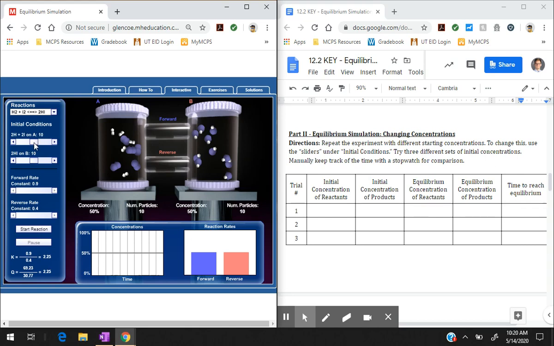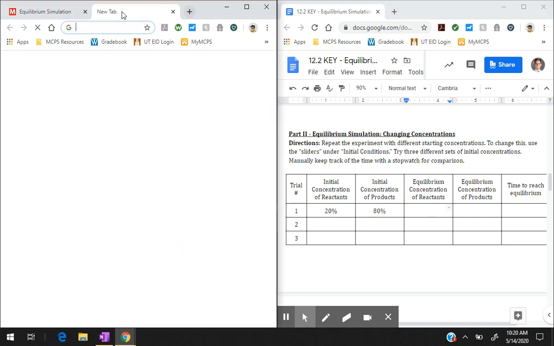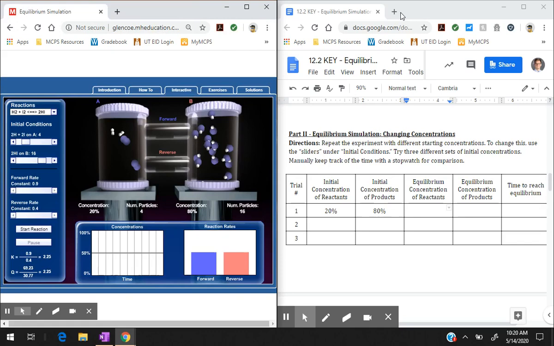So let's say I have fewer particles of A to start and more particles of B to start. So my initial concentration of reactants is 20%. Concentration of products is 80%. I'm going to start the reaction and I'll just count with a stopwatch in a different window.